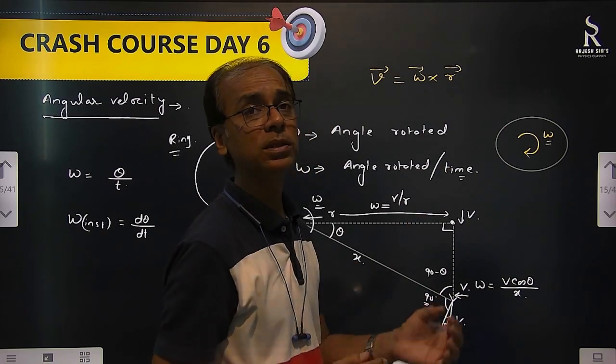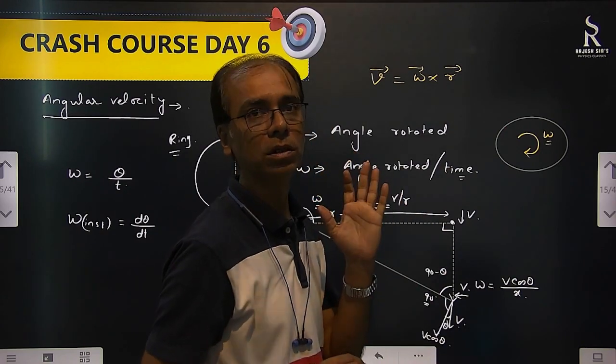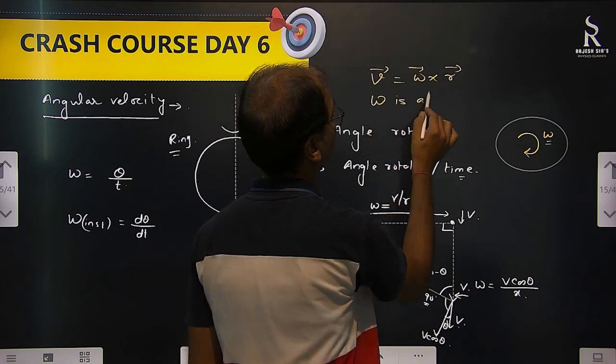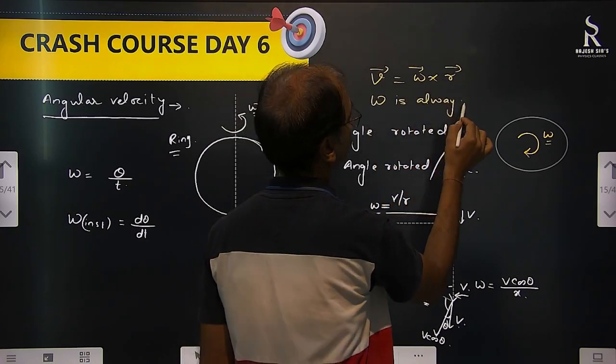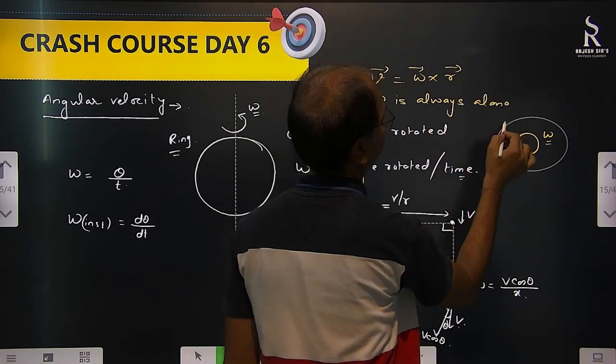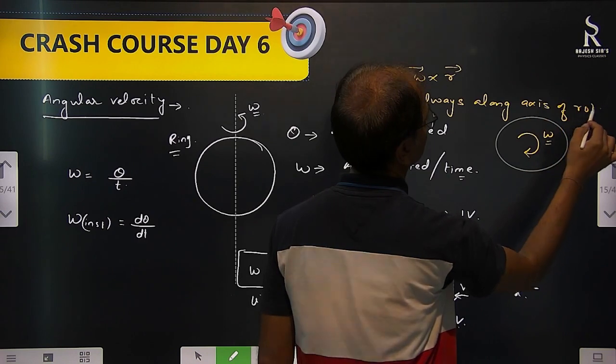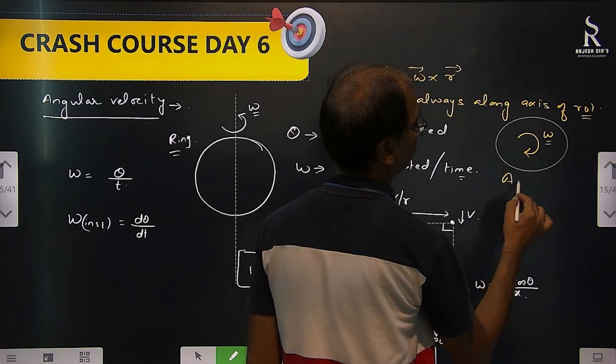Omega is always along the axis of rotation. That's why it's called an axial vector.